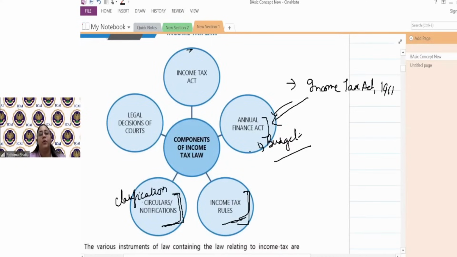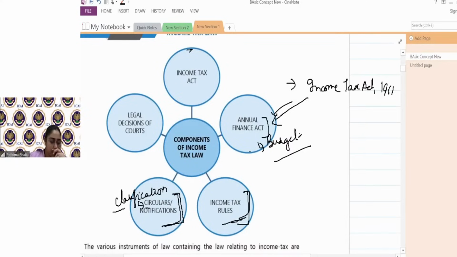Department, guys, is the Income Tax Authority, the Income Tax Department. So those clarifications come in the form of circulars. C for circulars, C for clarifications. So every now and then they are coming.